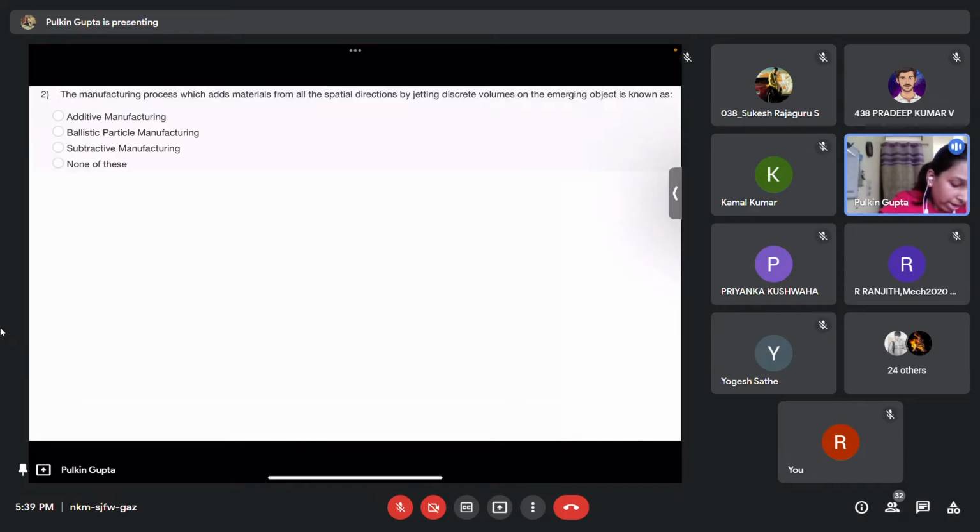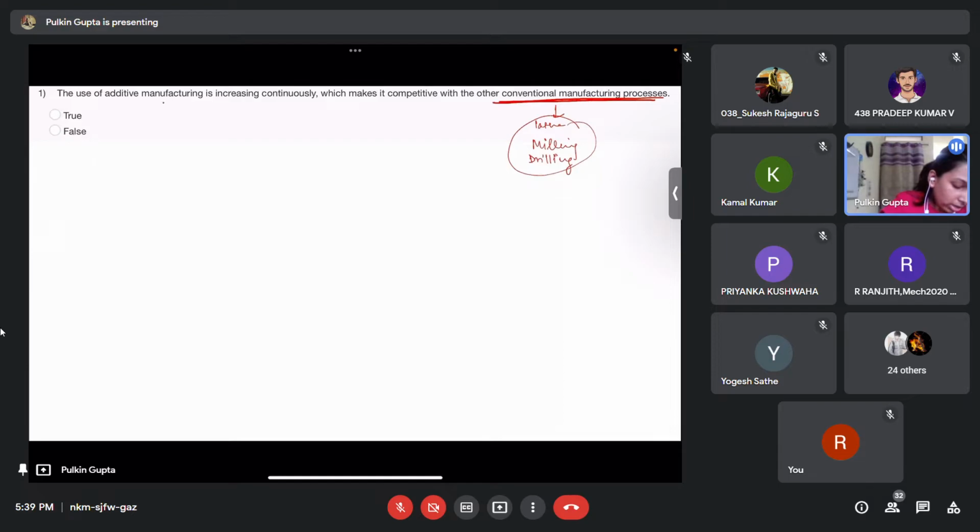So additive manufacturing is increasing continuously. Yes, it is increasing because of its capability of making complex geometries which could not be achieved using these conventional techniques.